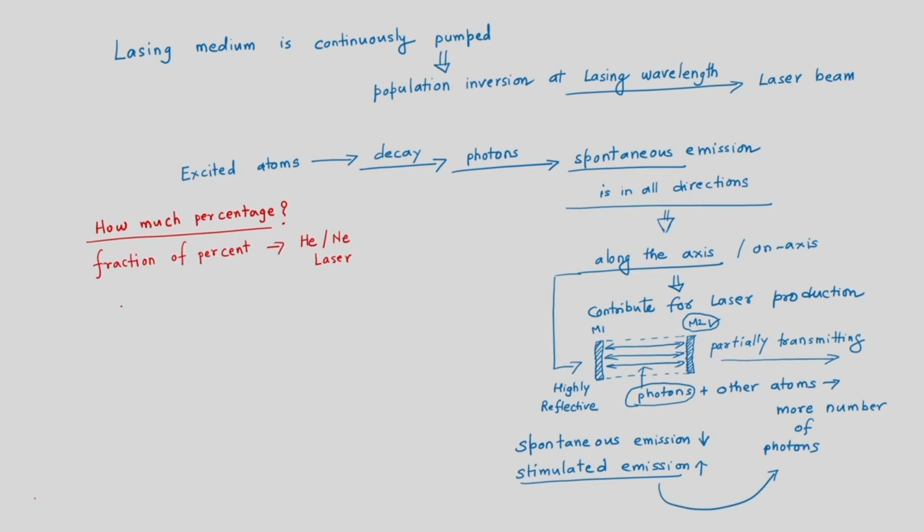But there are certain types of lasers which are transmitting out about 50% or more. These kinds of lasers are also available, and these are the high power lasers which are very much useful in our manufacturing operation. So, these high power lasers have more capacity to transmit out the photons from the optical cavity or the resonator.